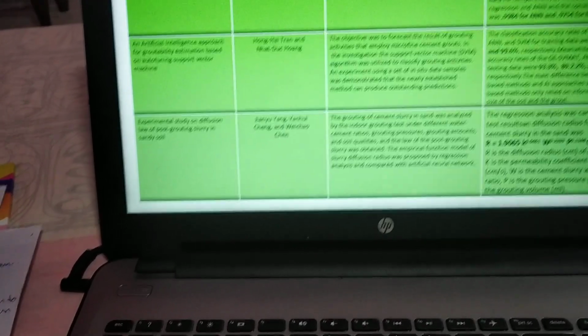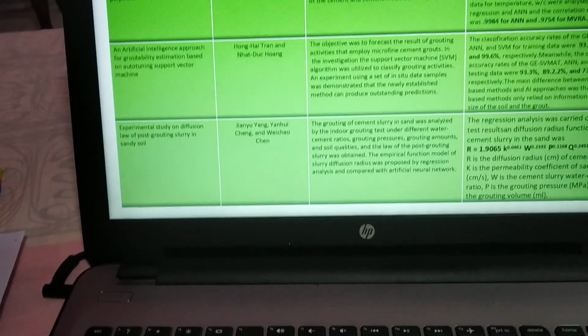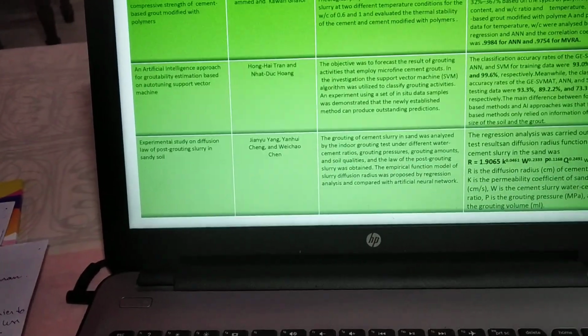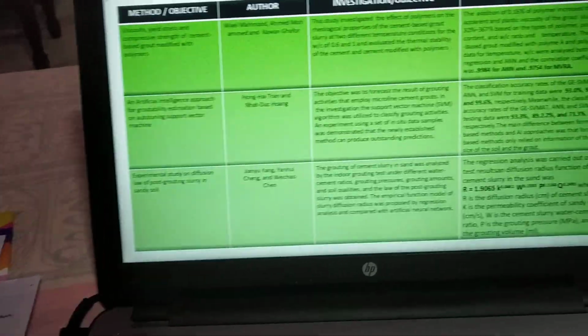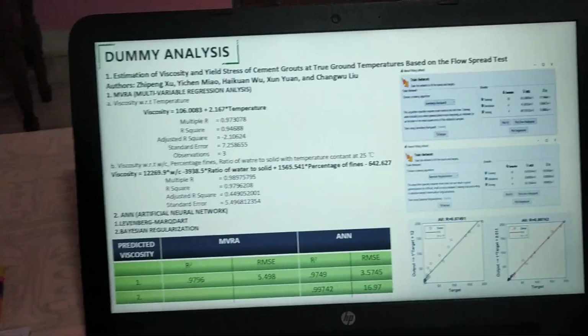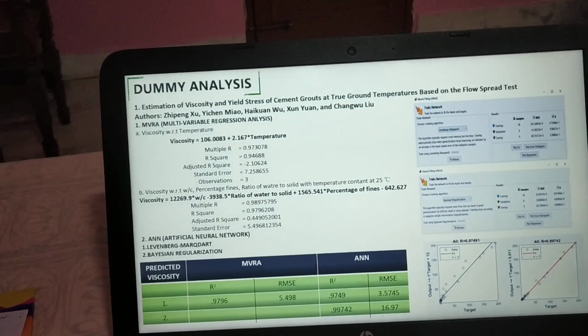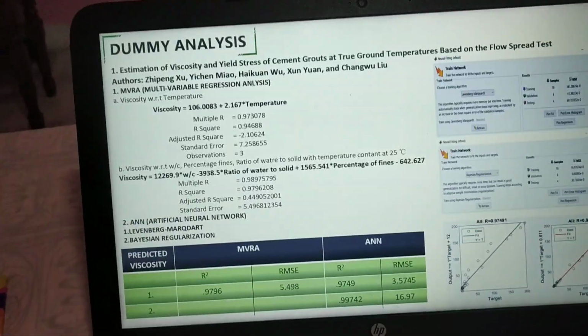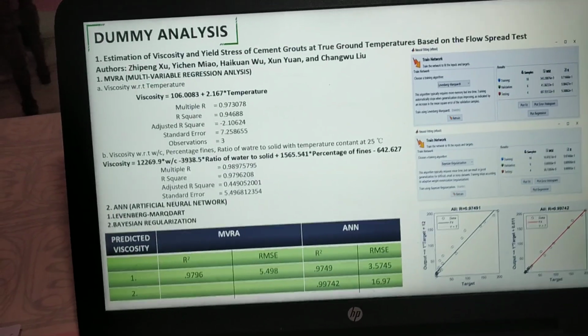Also, they used the major parameters that we have to consider later in our research, which was the radius of injection, using regression analysis. I've also done a dummy analysis of the various data that I got from the previous literature review work, and I too found similar results.